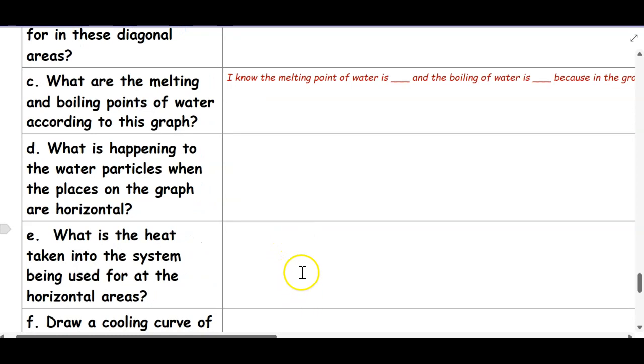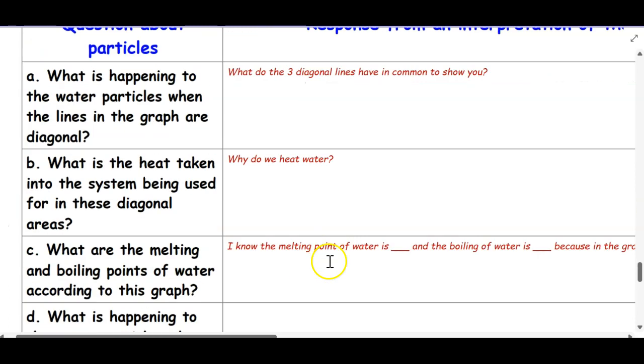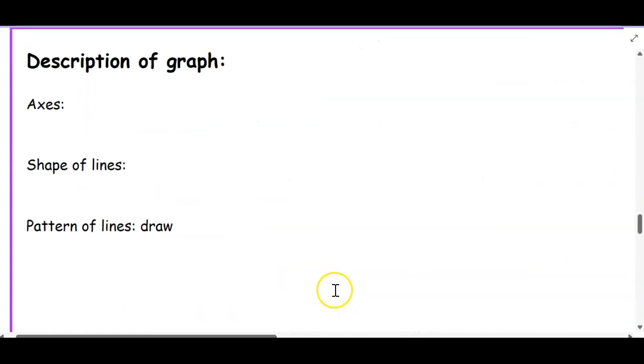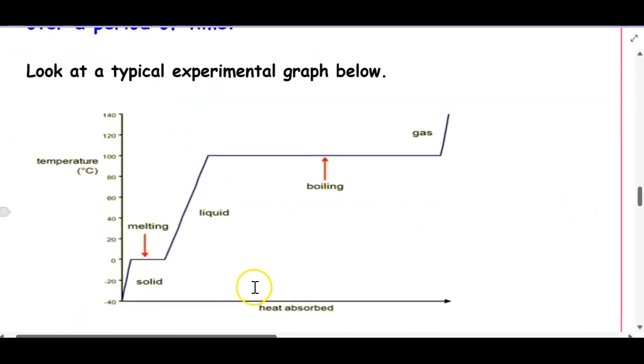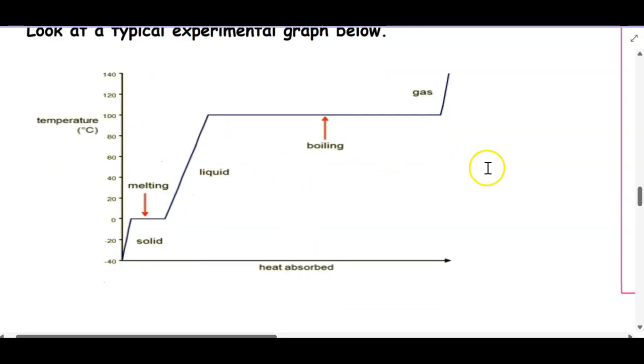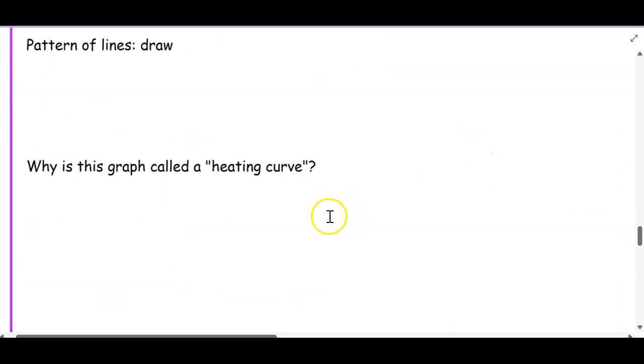Now let's go down to D. It's talking about what's going on with the water particles when the places on the graph are horizontal. So now we look up at the graph here, and it is related to the last question. What's going on when the part of the graph is horizontal?